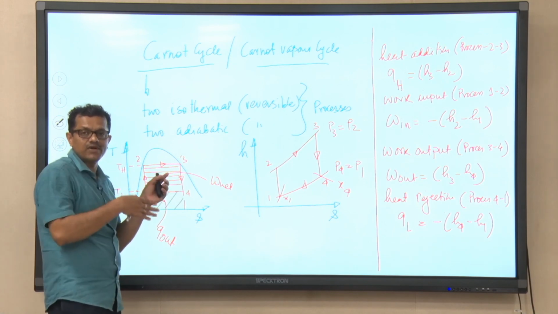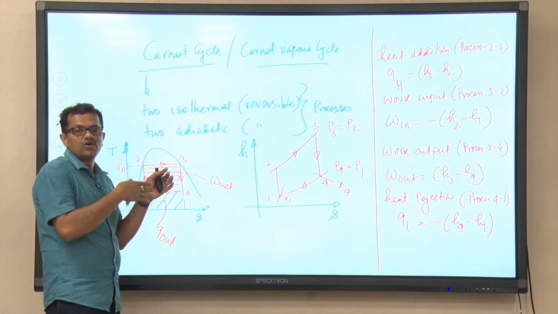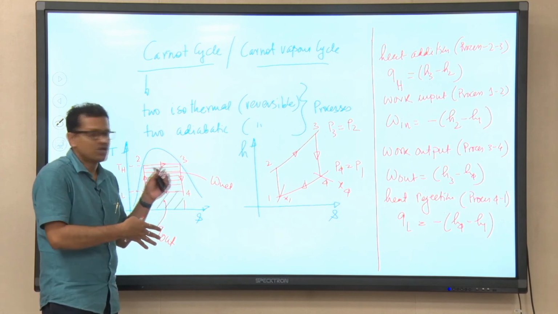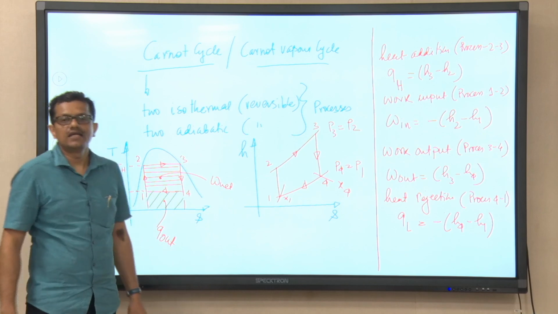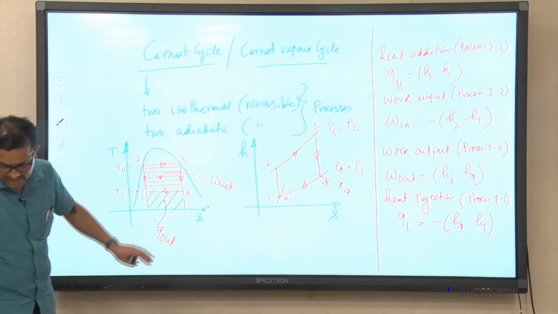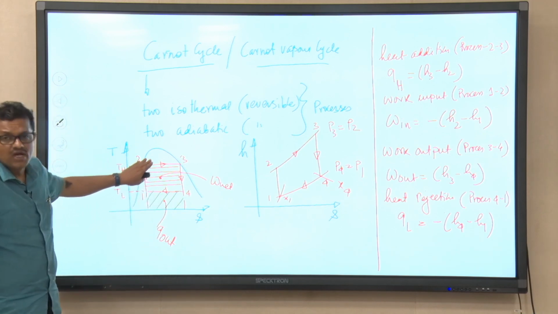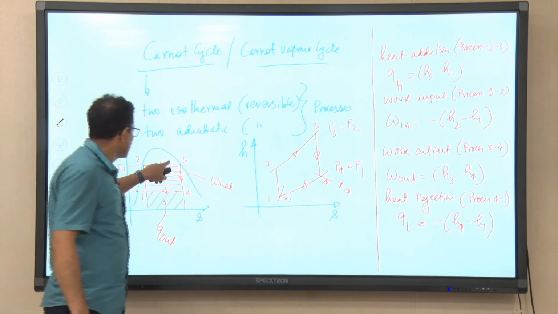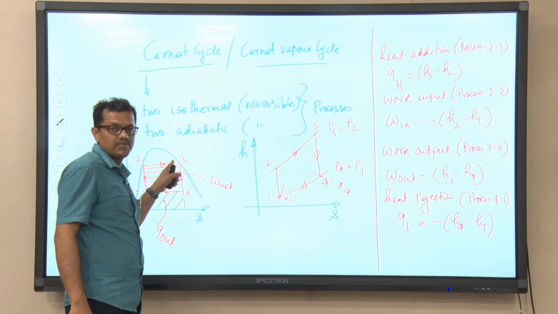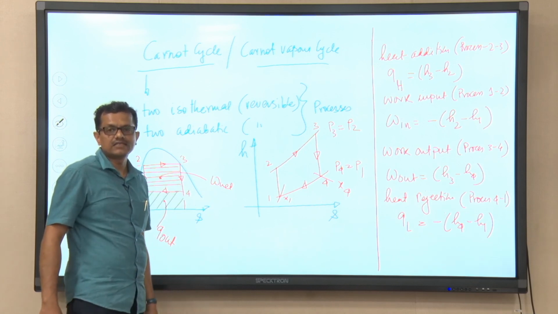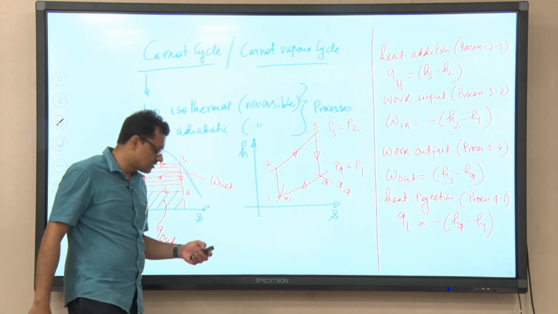So, heat transfer externally to and from the system for boiling and condensation are highly irreversible processes. So, though these two phase change processes are internally reversible, they are not externally reversible, as you have studied in thermodynamics.